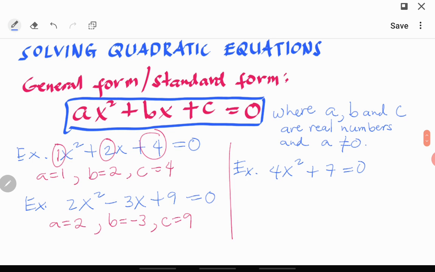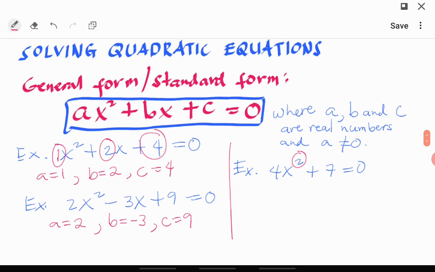Bakit quadratic? Dahil ang highest power or highest exponent ay 2. Hindi 3, hindi 4, hindi rin 1. Okay, pag may x squared yan or y squared, p squared, quadratic equation yan, pag yan yung pinakamataas na exponent.